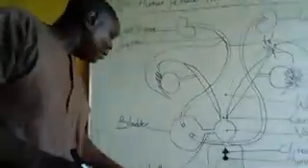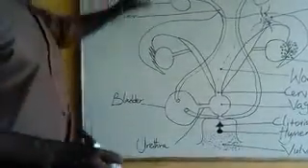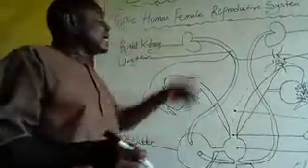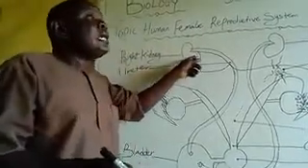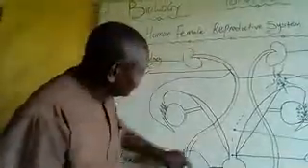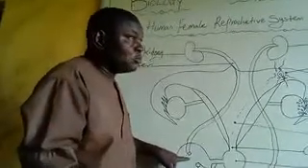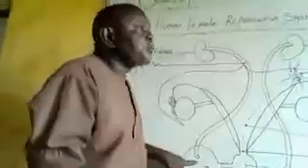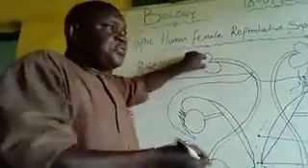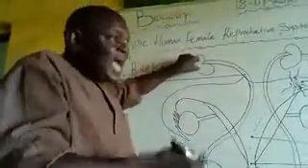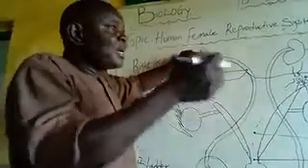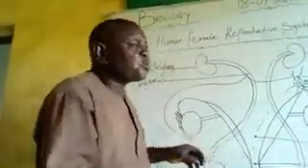Alright? We have a bladder and we have kidney. Kidney is an organ. It is not a human female reproductive organ, but it has a link with the human female reproductive system. Kidney filters the blood, extracting water, urea, plasma, mineral salt, those materials that are not useful to the body.